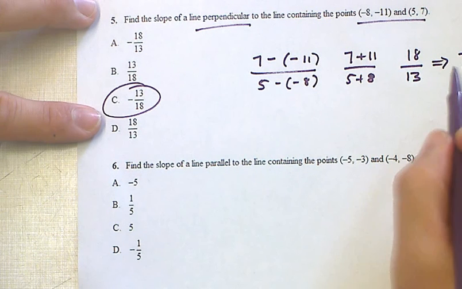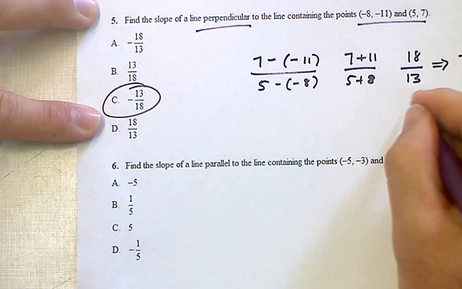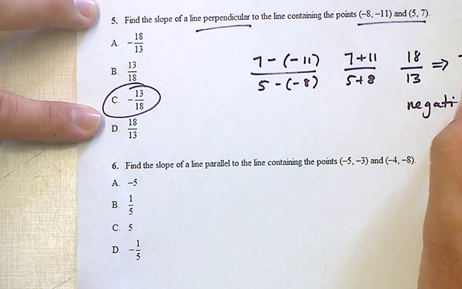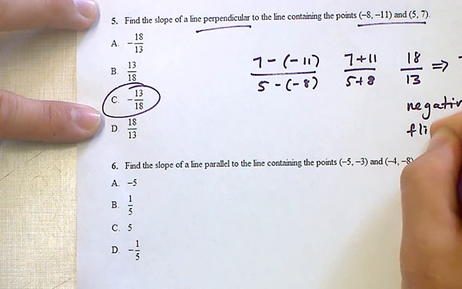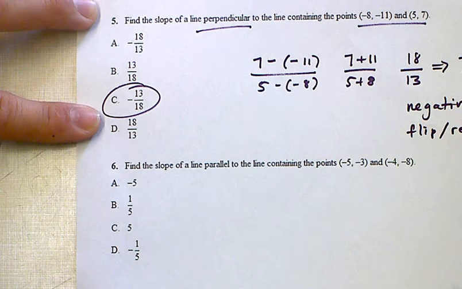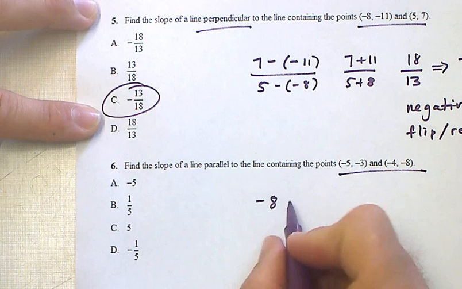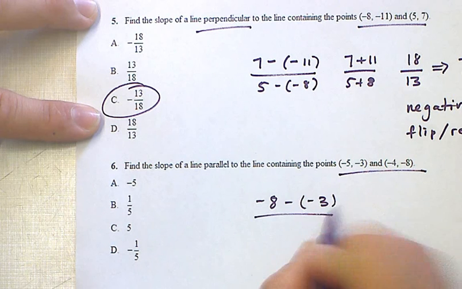This is what we'll call a negative reciprocal. They may ask you when it's parallel, so basically you're just finding the slope of this line. Ultimately, if it's going to be the same, all you need to do is find the slope of the line.